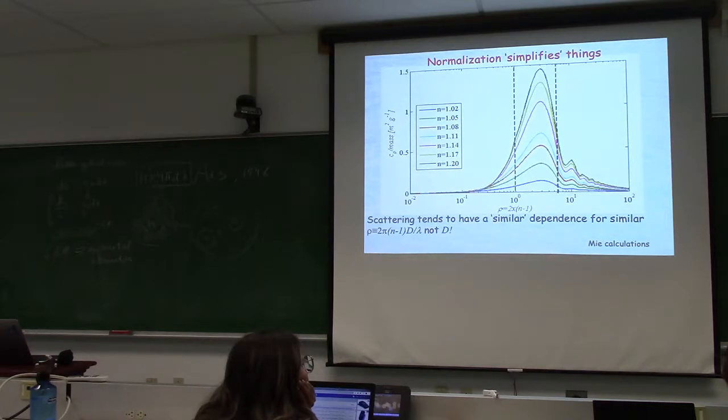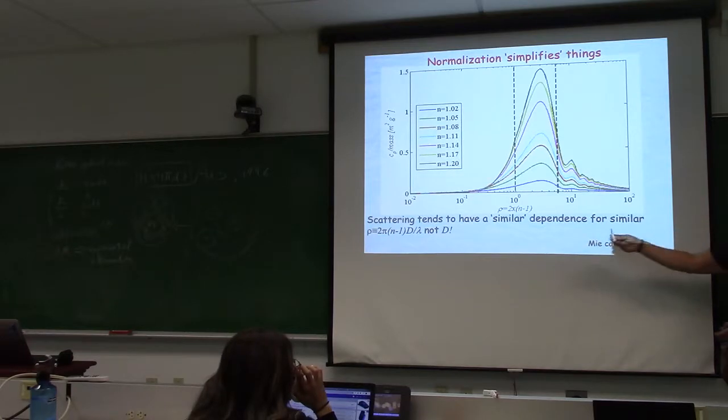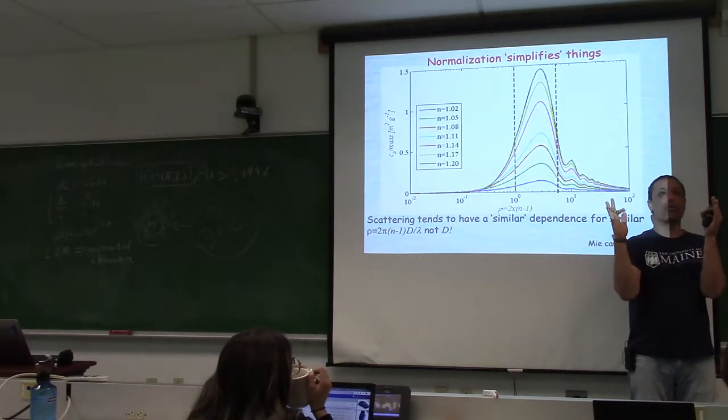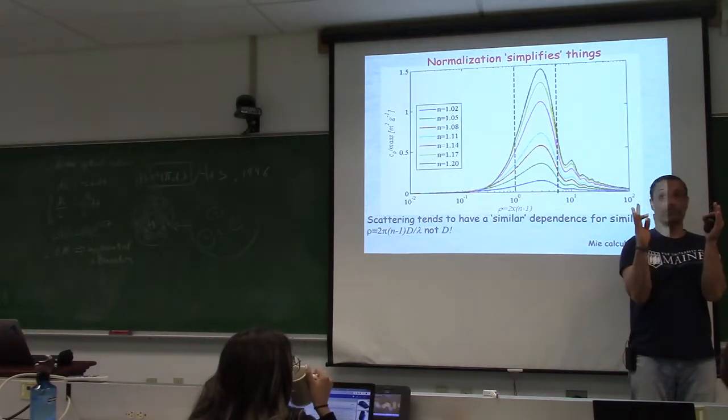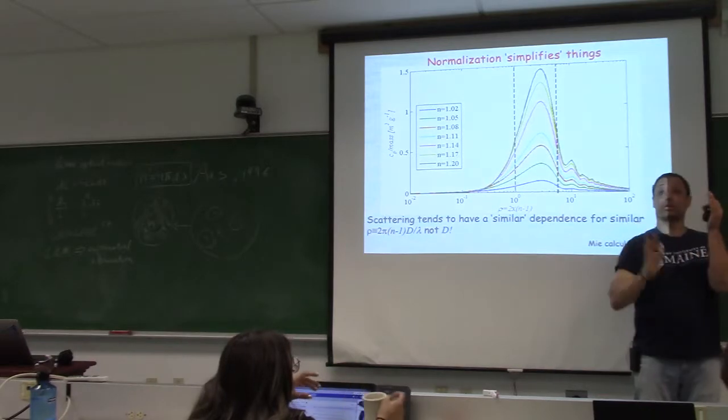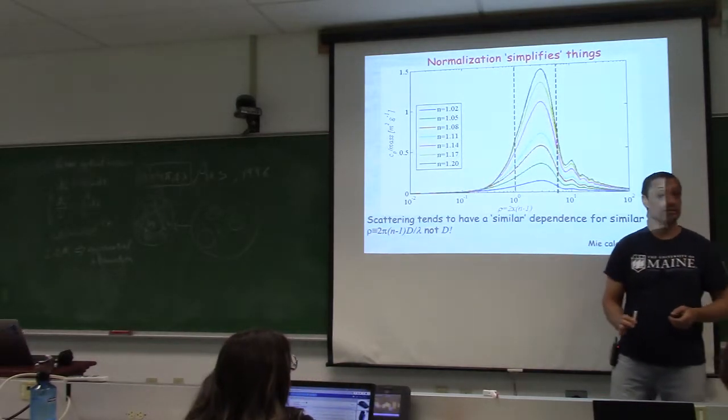Why pi? Because it's a sphere. There's always a pi where you involve a sphere. Diameter to wavelength ratio. So this is one thing that's important, but the other thing that's really important is this change of index of refraction, which tells you how the phase lags for a wave going through the particle, therefore slowing down, or accelerating if it's a bubble, compared to those that are passing outside, diffracting.